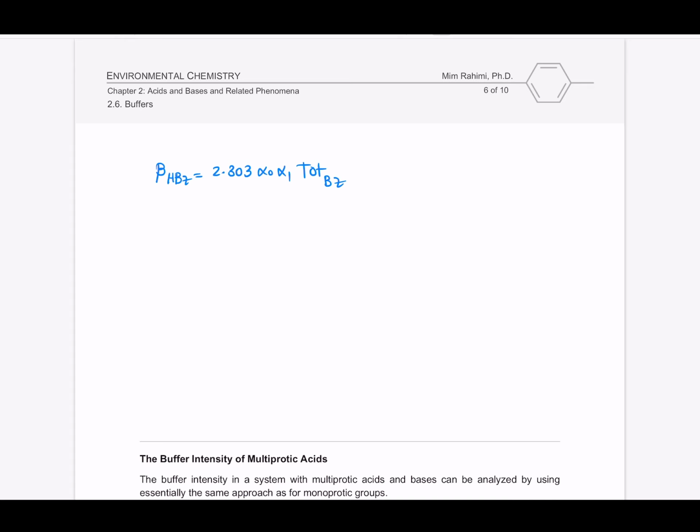Just keep in mind these alpha values are different for HBz and ammonia, because the K values are different. If we do the math, this would eventually be 4 times 10 to the minus 5 milliequivalent per liter per pH.